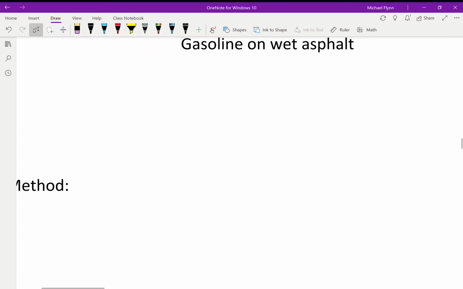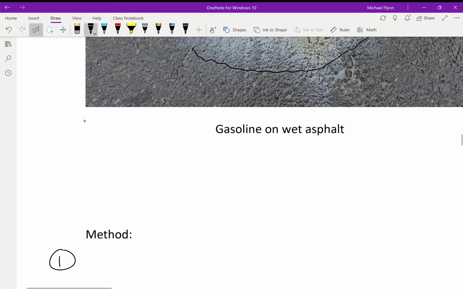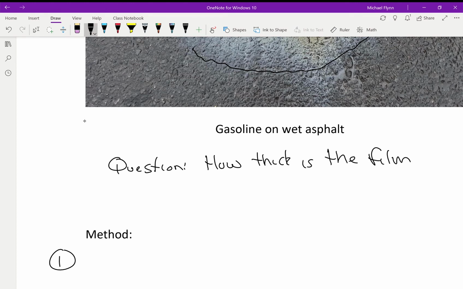All right, so let's look at our method. In order to understand this method, I'm going to lay it out in steps for you. So our question, I should write the question, just so we don't lose sight: How thick is the film at the first and second yellow bands?